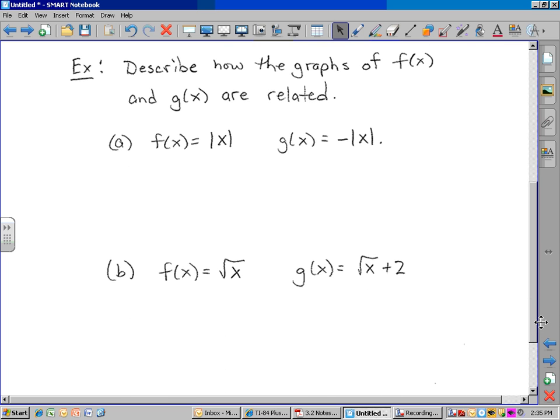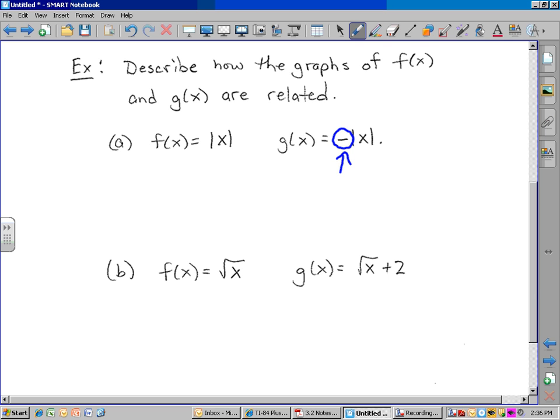We want to describe in words how the change from the original to the second function, g of x, happens, or what is happening when you put different things onto the function. In the first example, we have a negative of the absolute value of x. So this is new. So what does that cause?